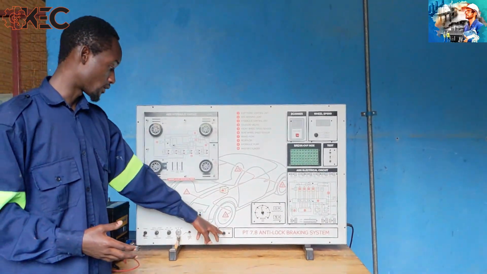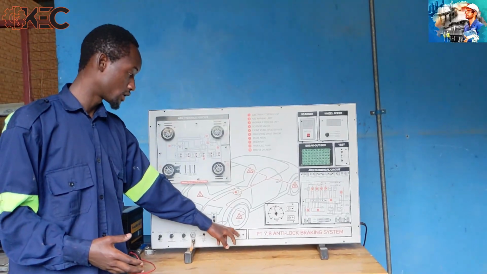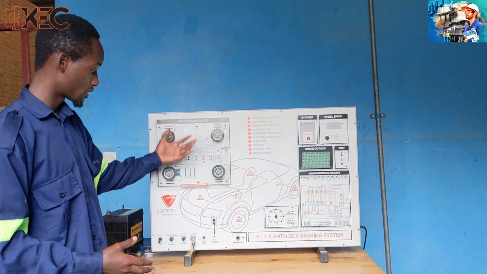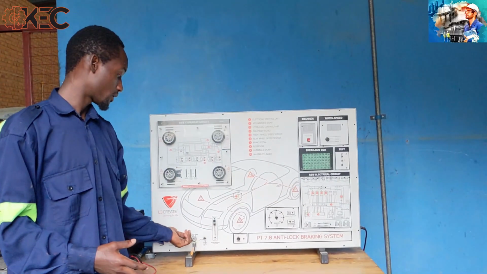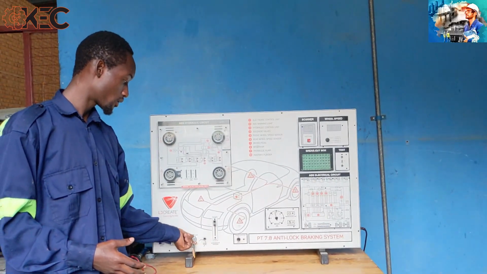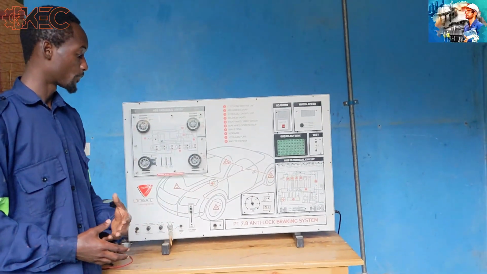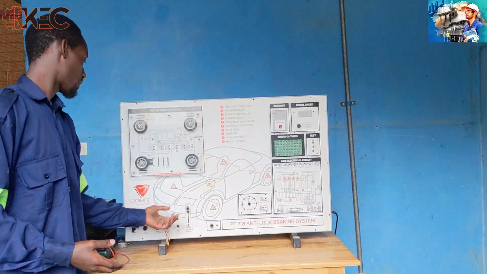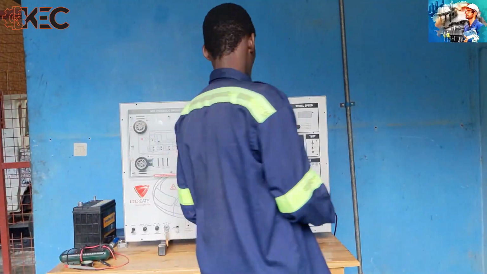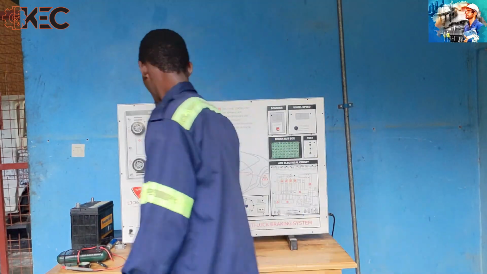So there is also another control switch. It is the power on switch. If you want to activate the system, you just turn on the left switch, turn the ignition on, and to make this panel activated, you just turn it on.